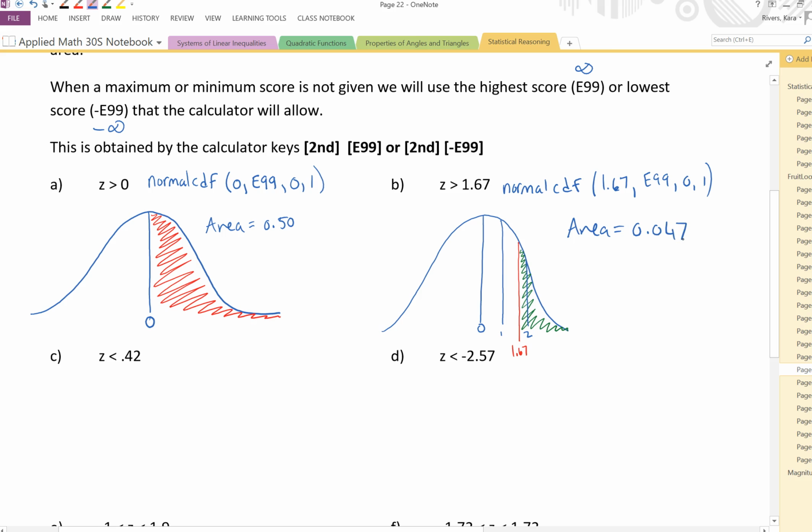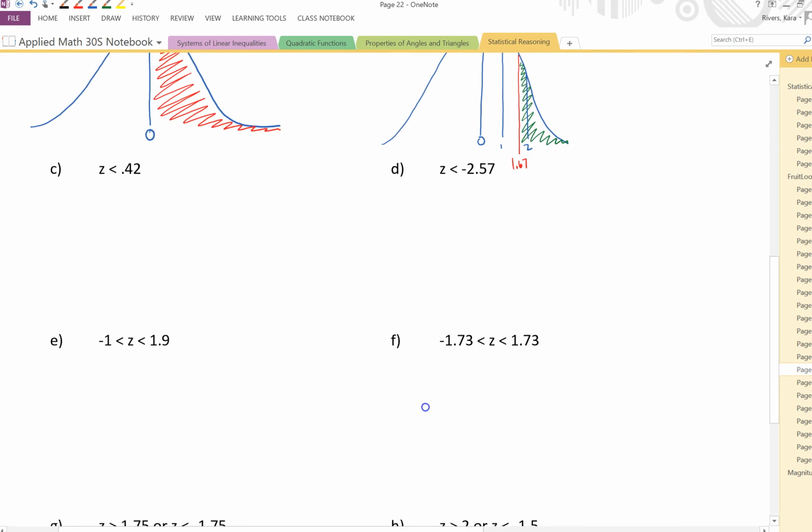Alright, now that you're starting to get a hang of this, I'm going to do one example and then I'll give you the answer to the next example. And if you want, you can hit pause and try the second one on your own. So for C here, it says our z-score is less than 0.42. So what would that look like? Do our diagram first.